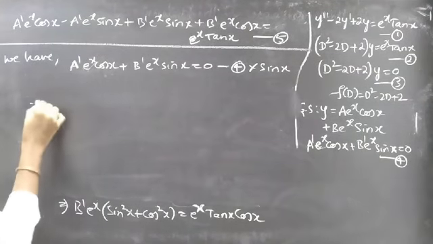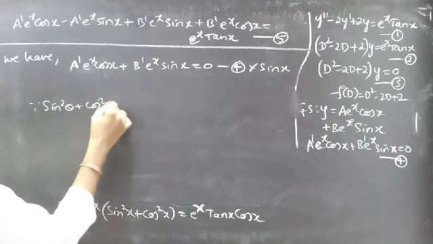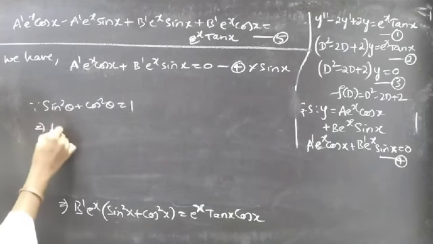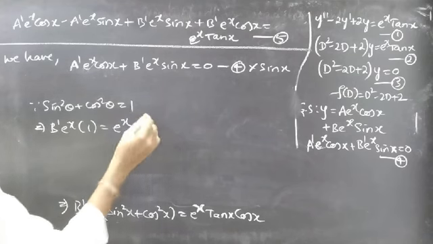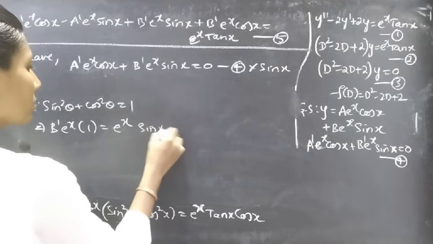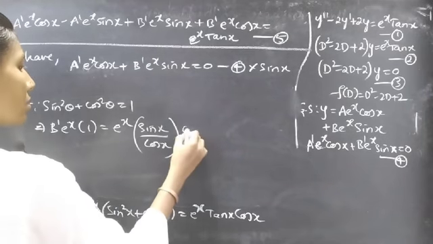Since sin square theta plus cos square theta equals 1, sin square x plus cos square x can be replaced by 1. We'll get b dash e power x into 1 equal to e power x into, we can write tan x as sin x by cos x, into cos x.